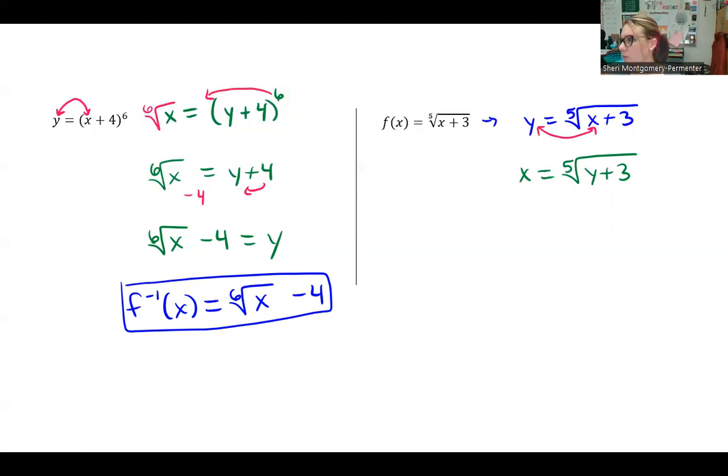How do you think that we're going to get rid of the fifth root? To the power of 5. We're going to take the root over and we're going to put this to the power of 5. That's how we undo the fifth root.